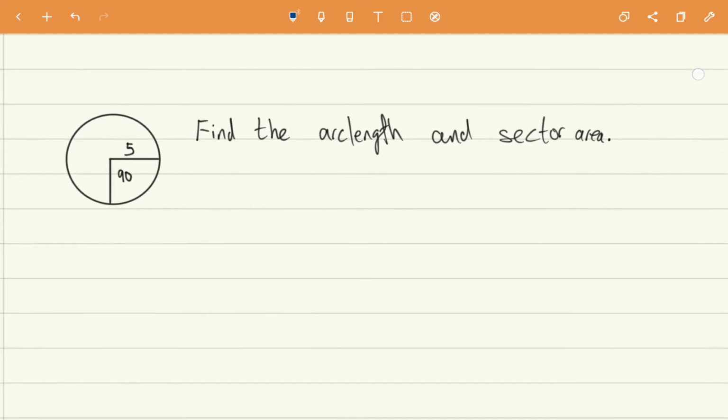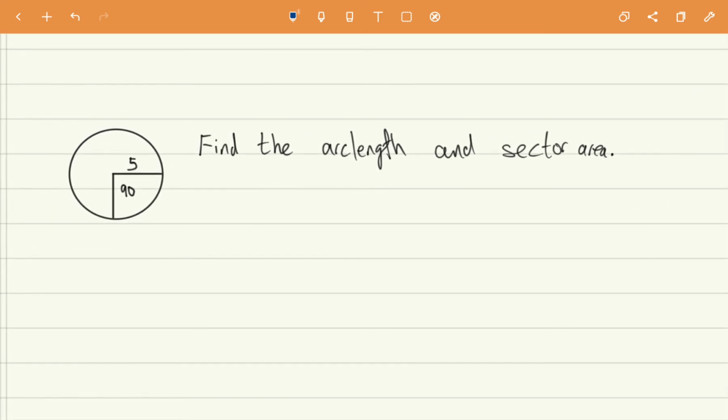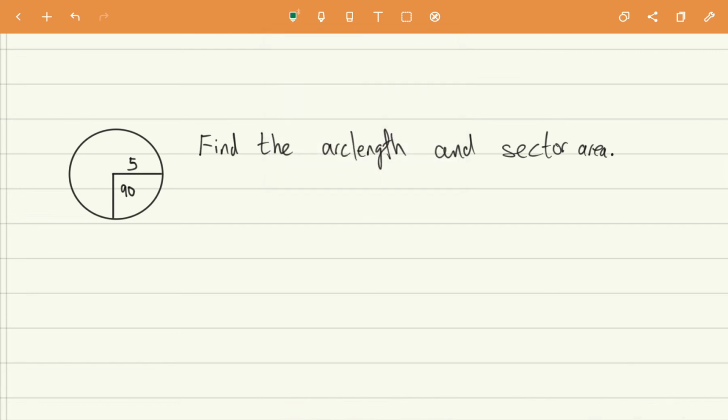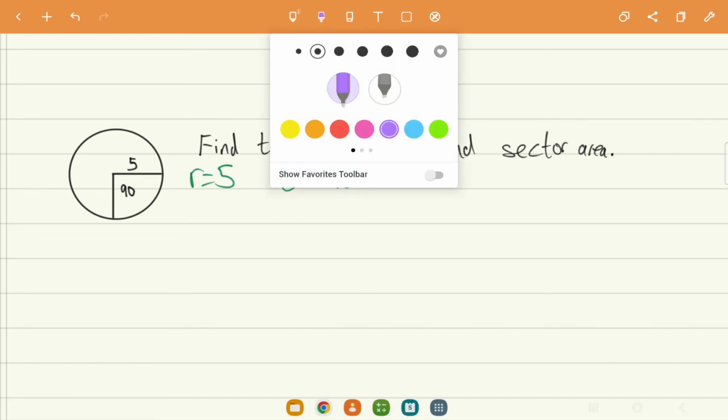Now go ahead, try this problem on your own. Pause the video if you have to. And now I'm going to get started. So we have our radius is 5 and our theta is 90 degrees. So let's take a look.